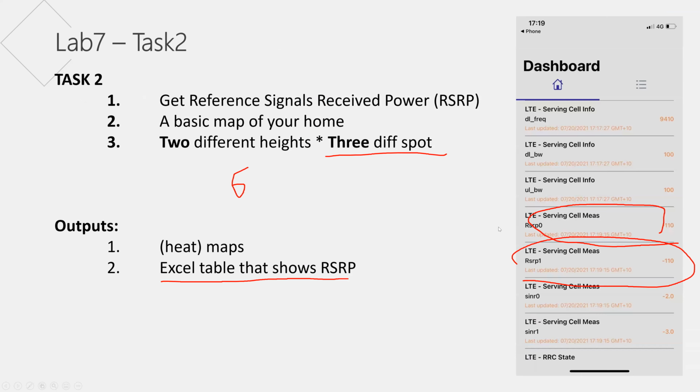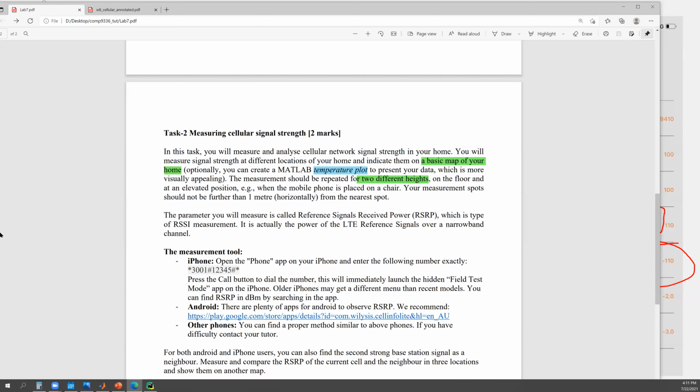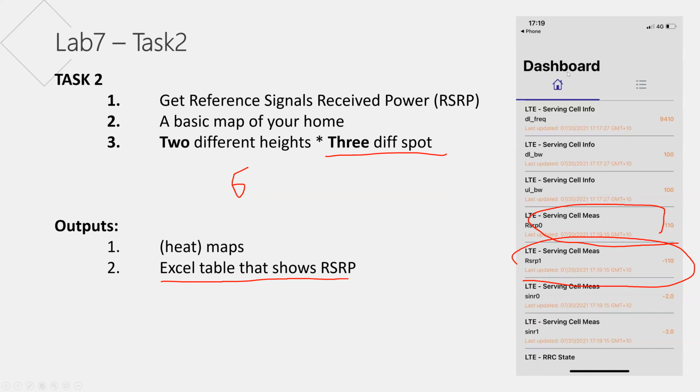And for the second task, sorry, I made some notes here. For the second task, what we need to do is use your mobile phone and input this number and call it. Then you can see what happens on your mobile phone. You can see a dashboard. Then you can find the RSRP values on it.